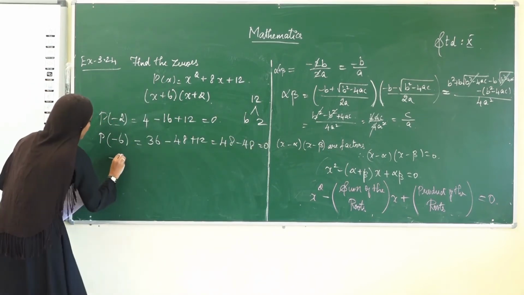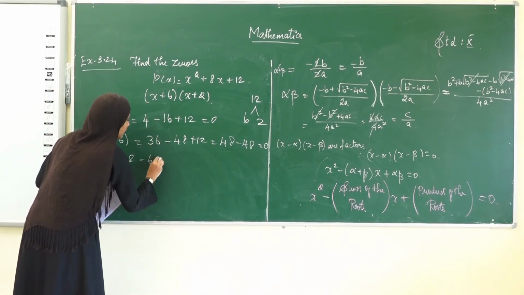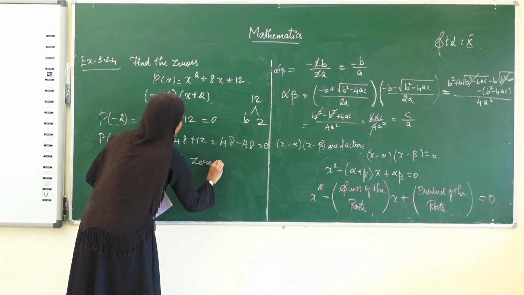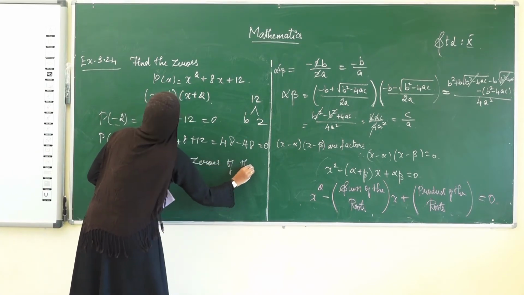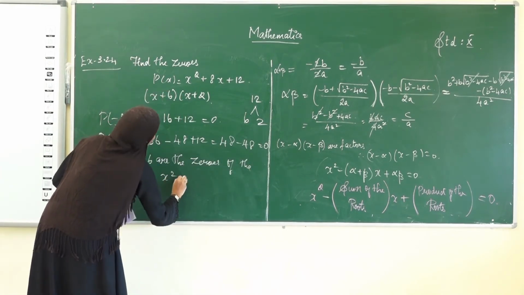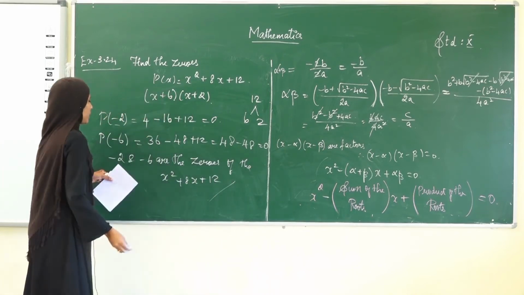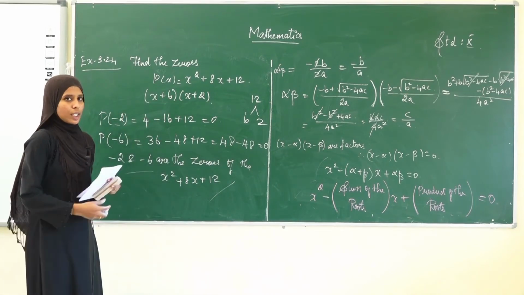Therefore, we can say minus 2 and minus 6 are the zeros of the expression x squared plus 8x plus 12. These two are the zeros of the given expression.